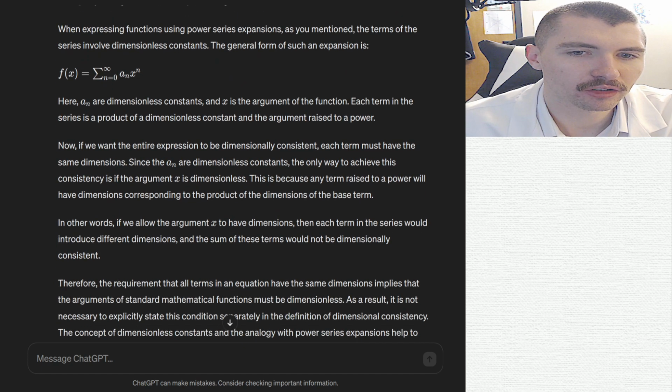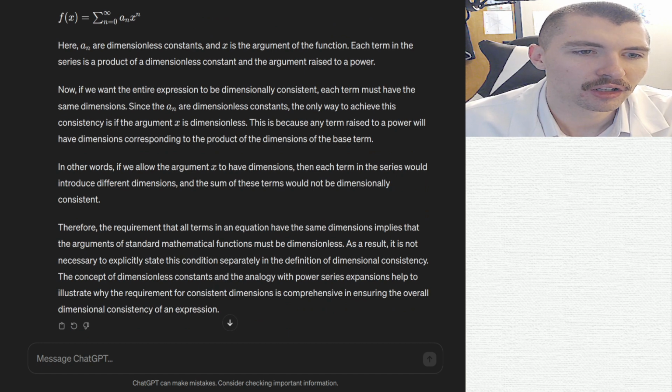It's because any term raised to a power will have dimensions corresponding to the product of dimensions. If the argument x had dimensions, each term in the series would have different dimensions, and the sum of these terms would not be dimensionless.